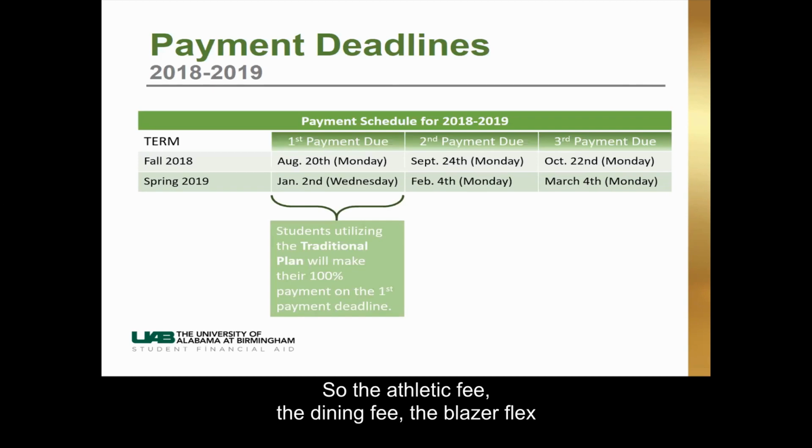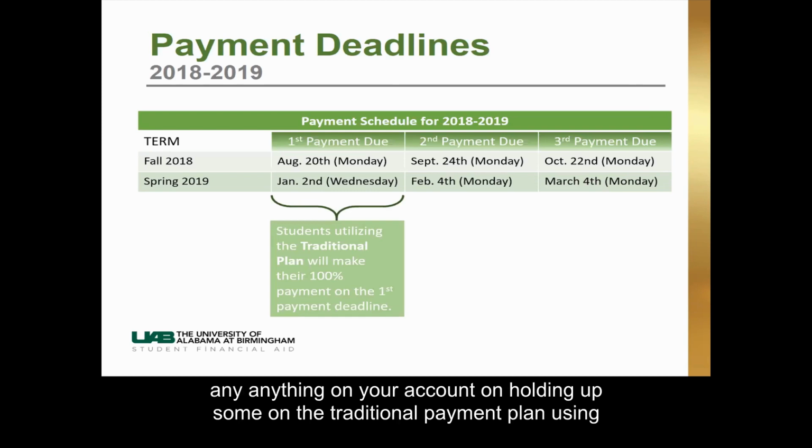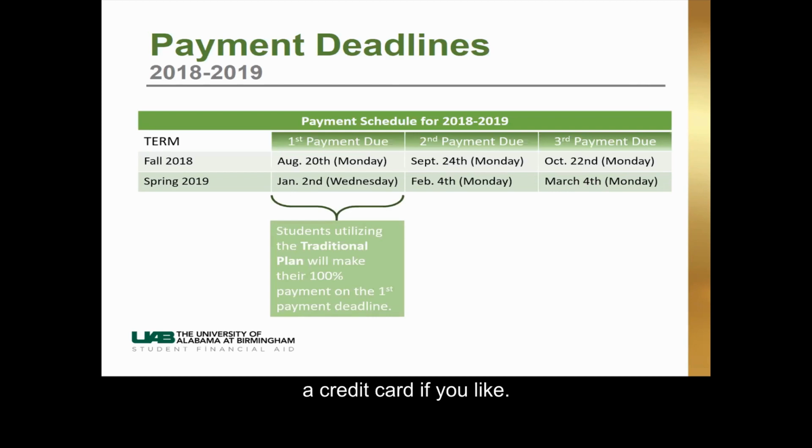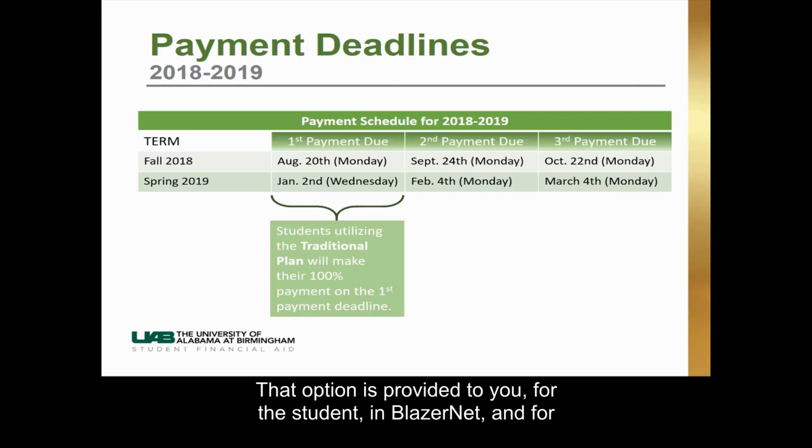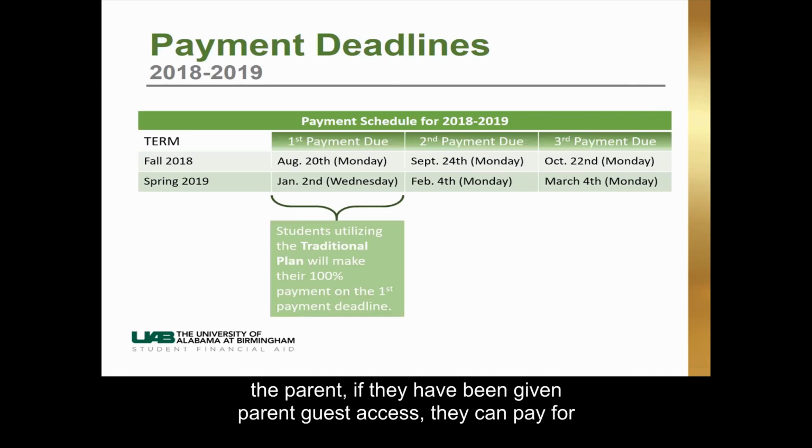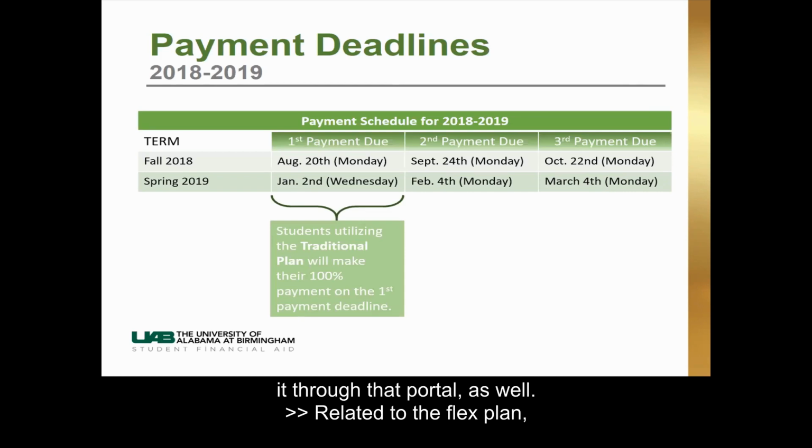So the athletic fee, the dining fee, the Blazer Flex enrollment fee, those are all charged each semester. And yes, you can pay for those. You can pay for tuition or anything on your account all in one lump sum during the traditional payment plan using a credit card if you'd like. That option is provided to the student in BlazerNet, and for the parent, if they've been given parent guest access, they can pay for it through that portal as well.